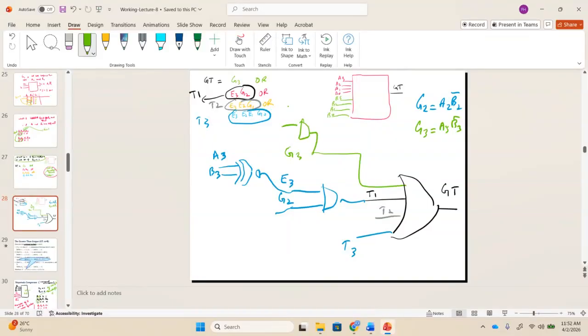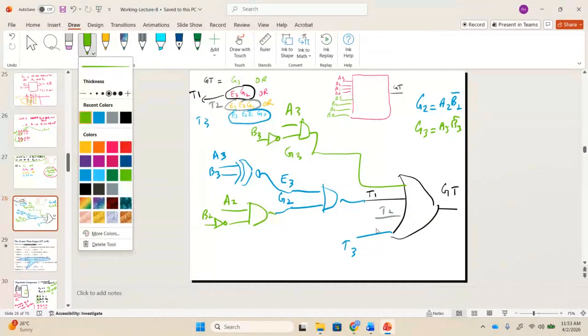Can you see here? This is an AND gate, so this is A3 and B3 bar. Any question? And now we have G2. For this, G2 is an AND gate, and this is A2 and B2 bar. Now what is T2? If you look at T2, T2 is E3, E2.